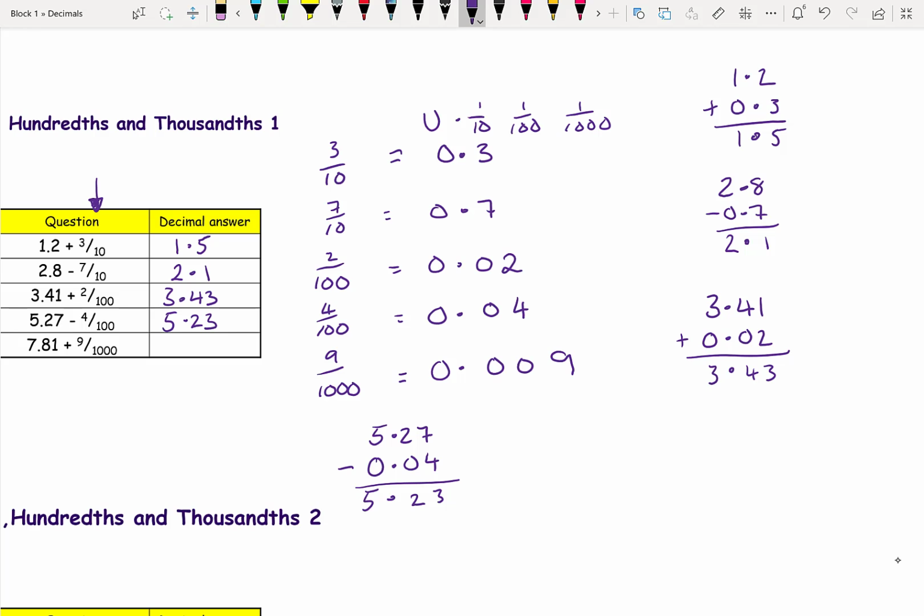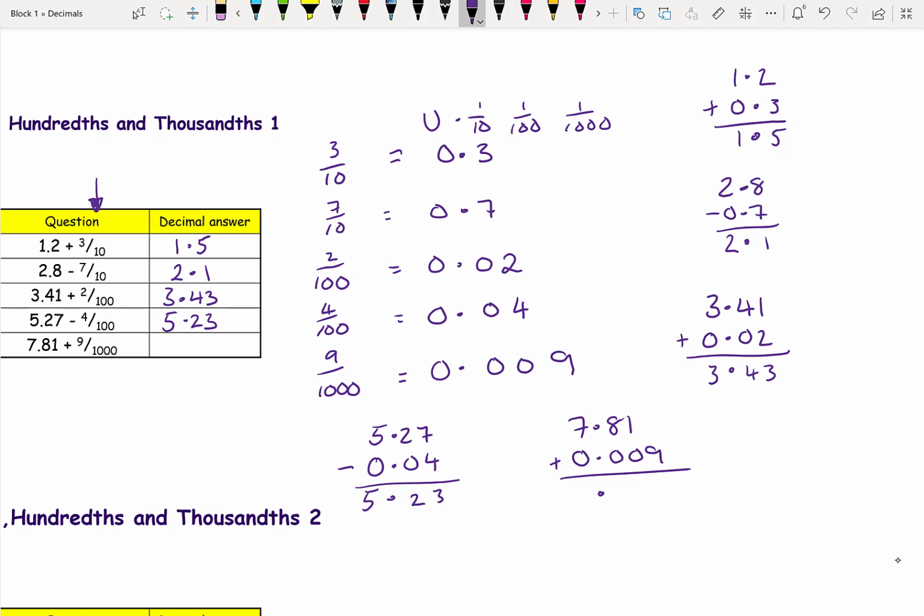Okay, finally then, we've got 7.81 plus 0.009, and this time we've got a mismatch. So here, when we're looking at it, my second number has 3 decimal places, but the one on the top only has 2. And so what we need to make sure we're doing is, once we've got our decimal points all lined up, we need to make sure that we fill in any space at the end with just a 0.